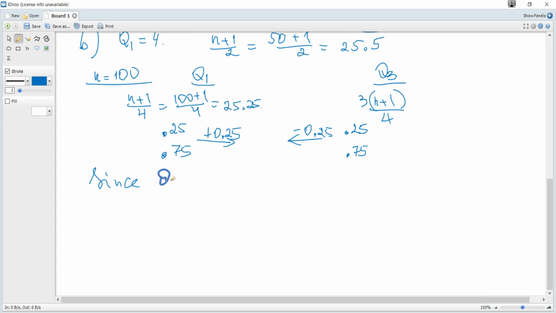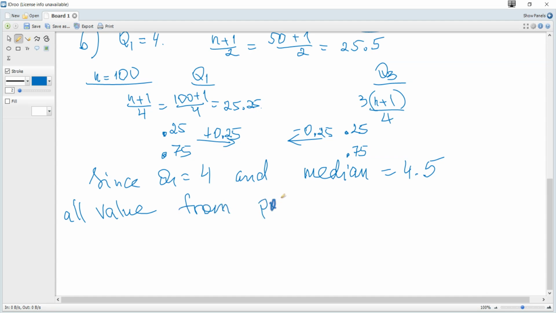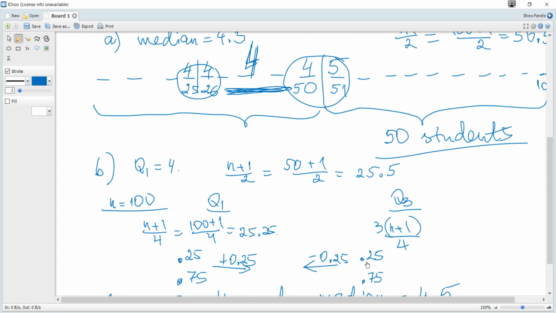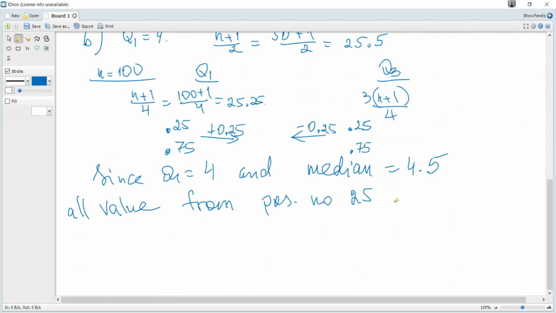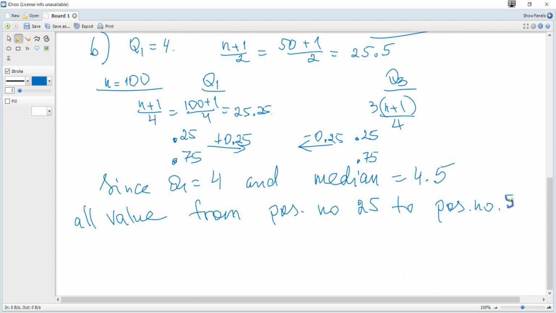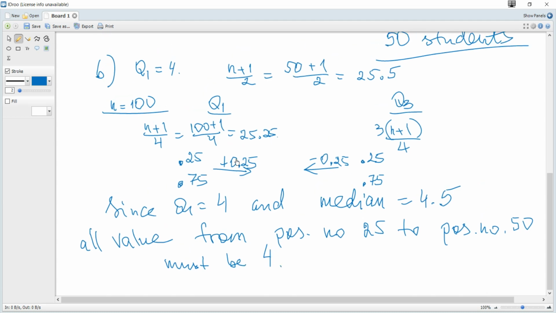Since Q1 is 4 and the median, which may be denoted as Q2, is 4.5, all values from position number 25 to position number 50 must be 4.